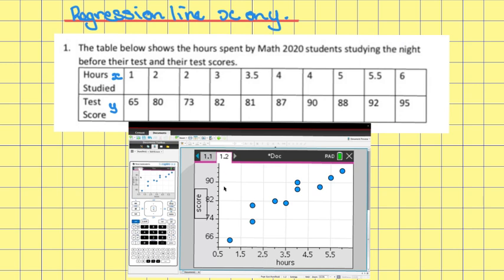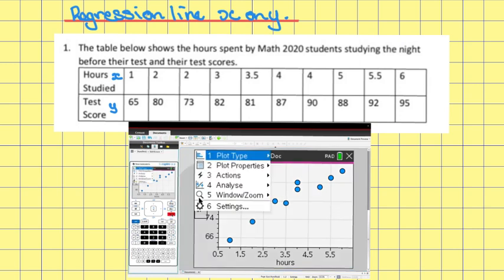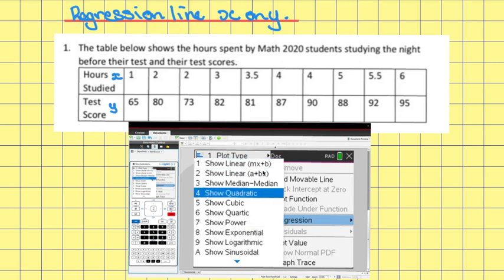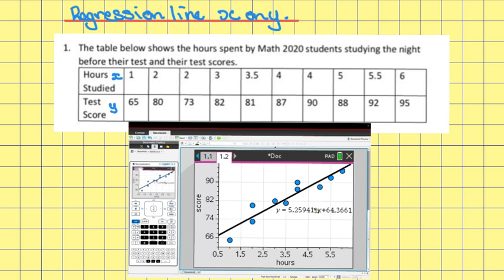I can also get it to draw a line of best fit. So if I go to Menu, Analyze, go to Regression, and I want to show linear mx plus b. And there you go. I have got my line of best fit, my regression line.